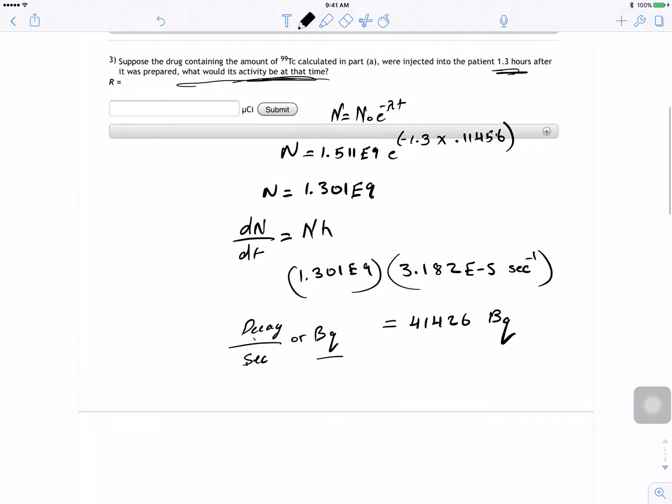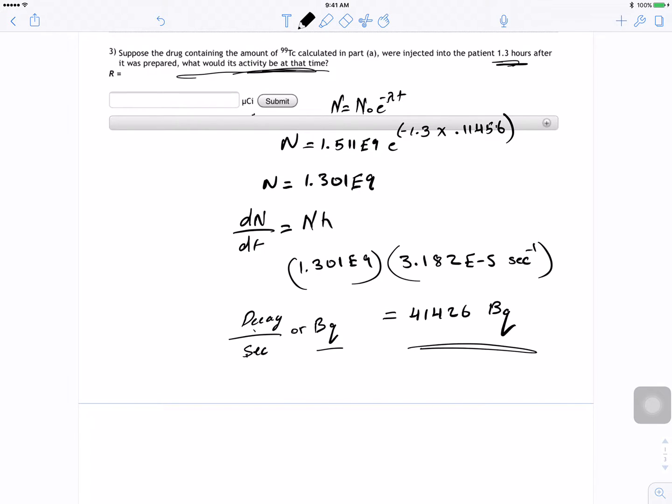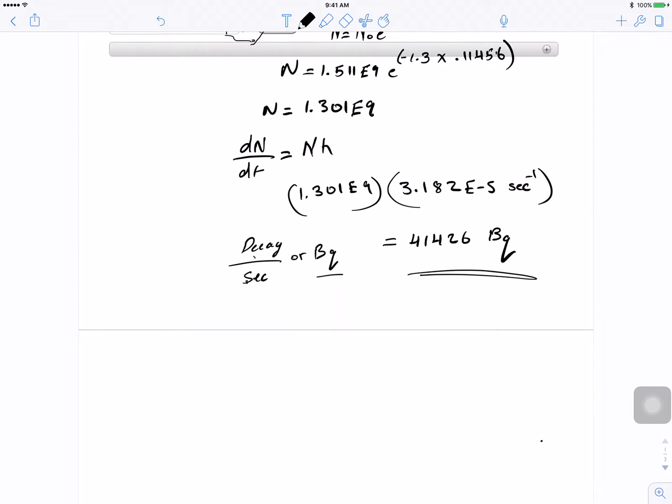But now if you look at the question, they're asking in micro CI. So the way we do it is 1 CI is equal to 3.7 e to the 10 BQ, and then 1 CI times 10 to the negative 6 is equal to that.